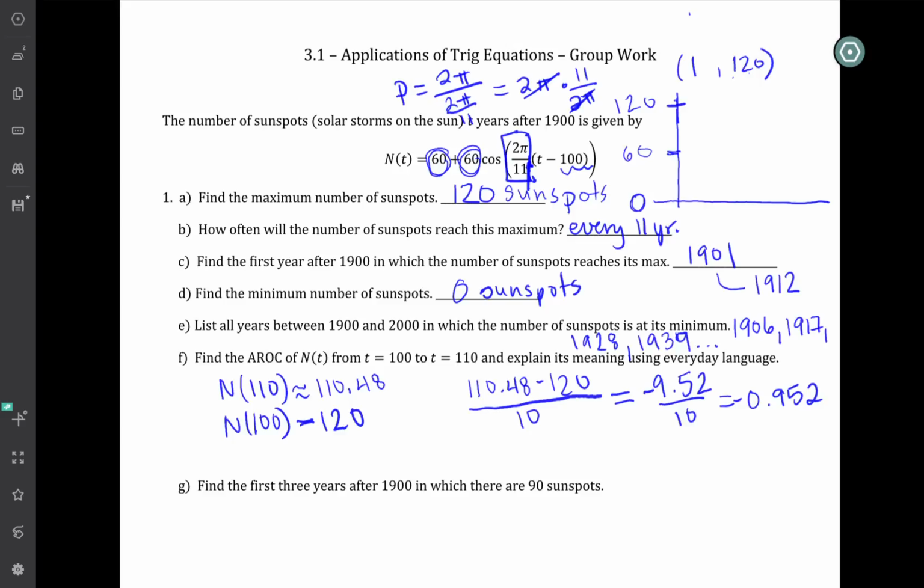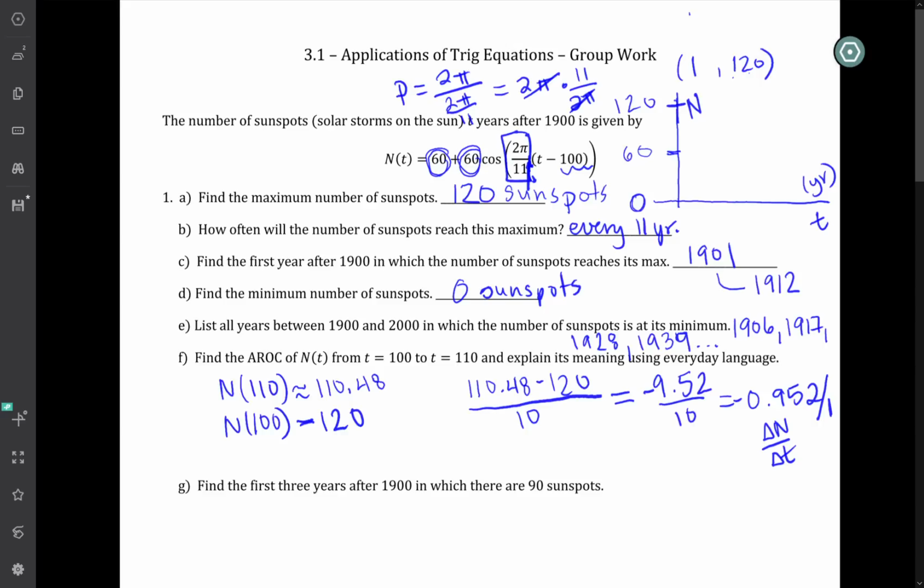And then we're supposed to explain what that means. So if we think about this problem, I'm going to look back up at my little beginnings of a graph up here. This is t, which is years since 1900, and then n on the vertical axis, which is number of sunspots. So this should be change in n over change in t. So if we do it per 1 year, this would say between the year 2000 and the year 2010, the number of sunspots was decreasing by about almost 1 sunspot per year on average.